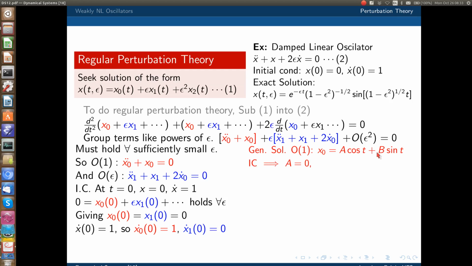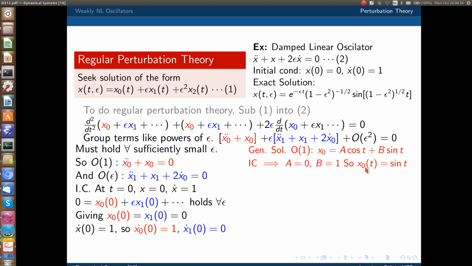Because at time t equals 0 the thing is equal to 0, we have a equals 0. At t equals 0, x dot equals 1, so we have b equals 1. And we are done, so then we have the solution, x0 of t is just sin t.